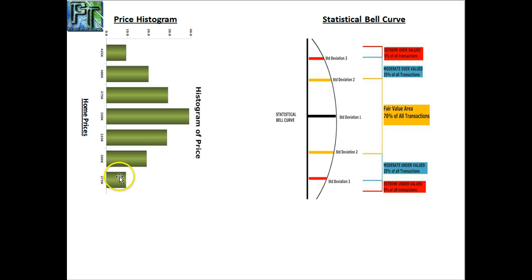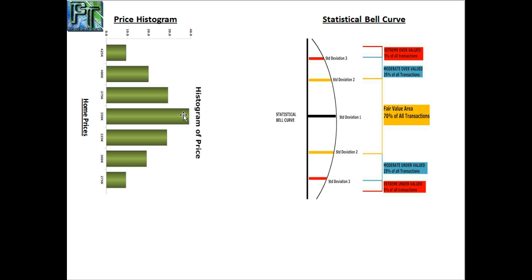Then I know that at $275,000 only 10 homes sold down there, and at 425, same thing. Then 400, 375, 350. This tells me the majority of the transactions for those homes took place right around $350,000.